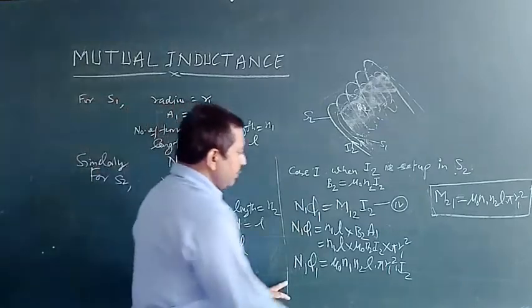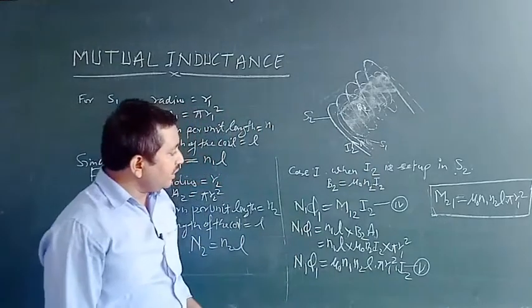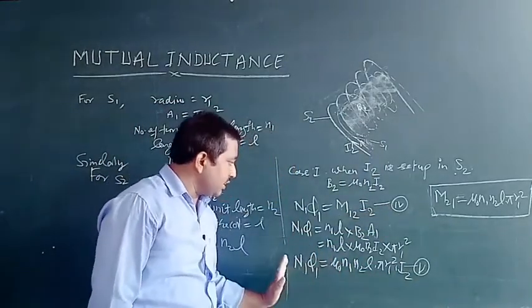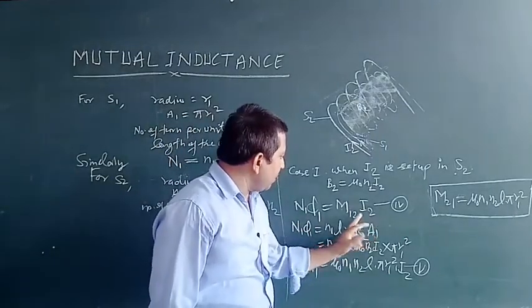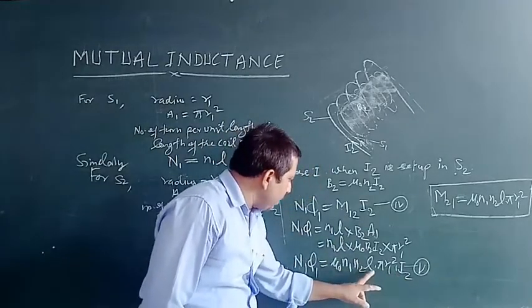Okay, so if we put this as equation number 5, then on comparing equations number 4 and 5, the LHS of both equations is the same, and in the right term the coefficient of I2 is M12 and the coefficient of I2 is mu 0 N1 N2 L pi r1 square.